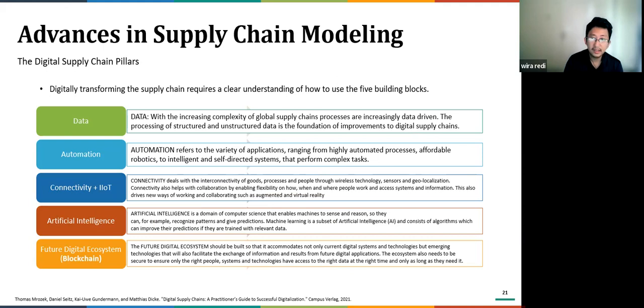Connectivity, including the internet, the industrial internet of things, and then artificial intelligence, which we are getting more and more hype about recently. And then the future digital ecosystem, for example, like blockchain. I won't discuss it in detail, but I put several examples and definitions here.